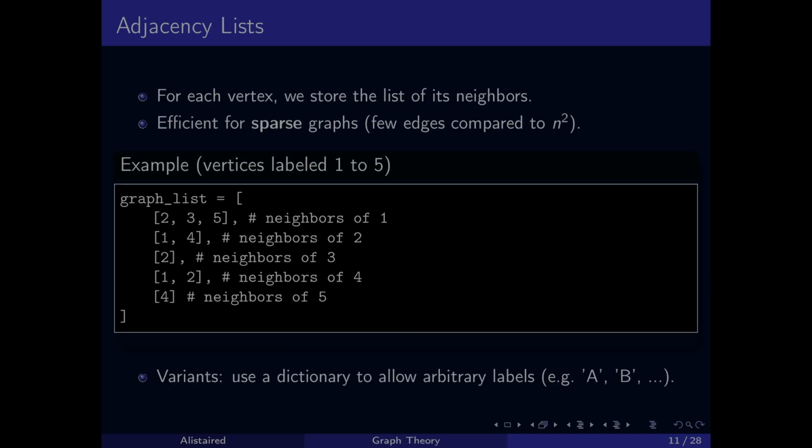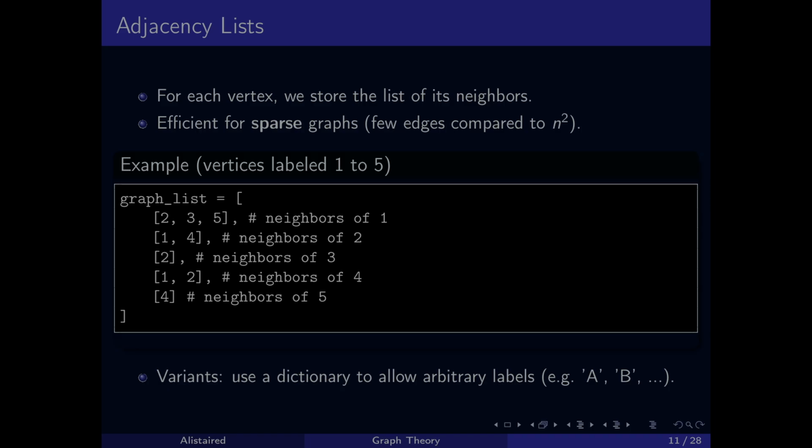I will explain how. Now, for the first representation, which is an adjacency list, it's basically a list of lists, and the size of the adjacency list is the number of vertices in the graph, and each list inside the adjacency list is just a list of the neighbors to represent each neighbor of each vertex.